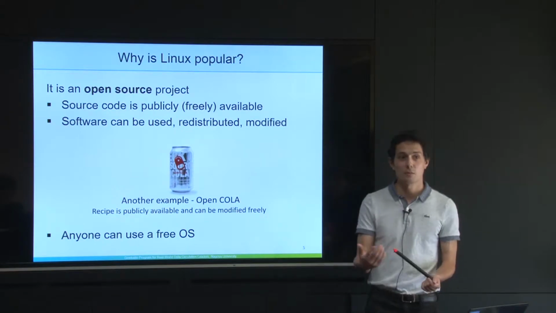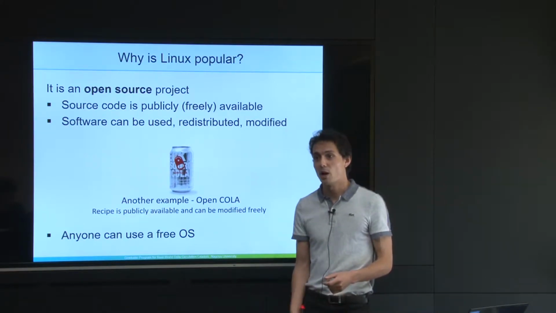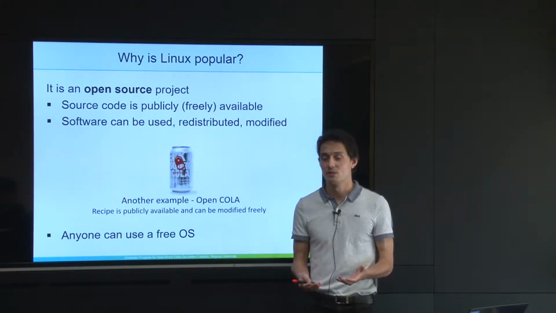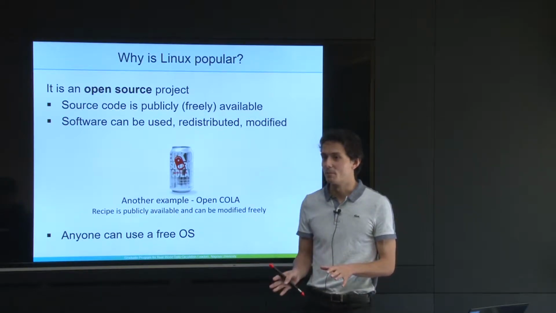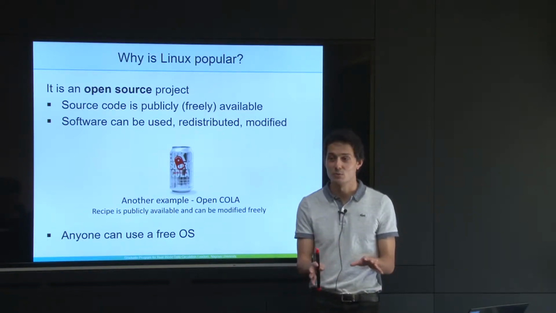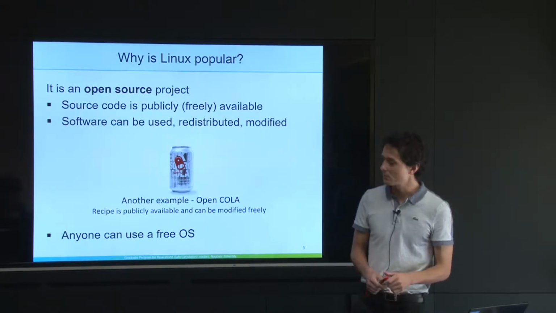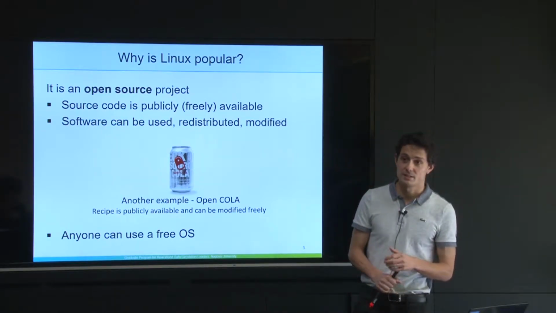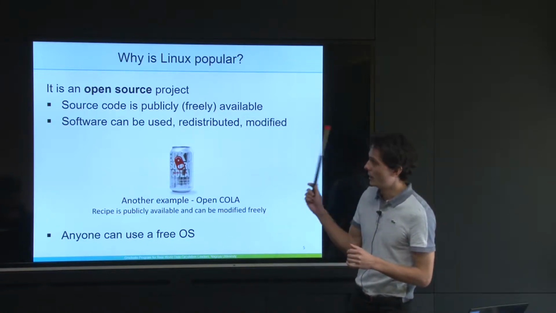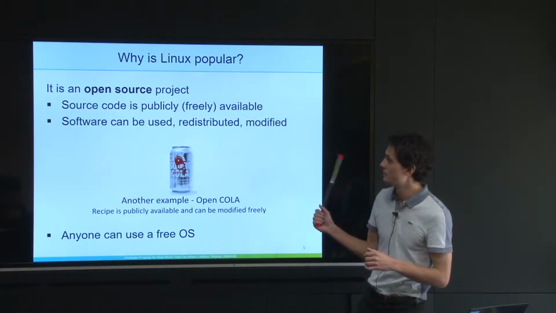Windows you pay for. I know it comes on most of your computers, but you actually pay for it when you buy your computer. And if you want to modify it, you can't, because the code which was used to build the operating system is not freely available. All Linux and Linux variants have source code available.